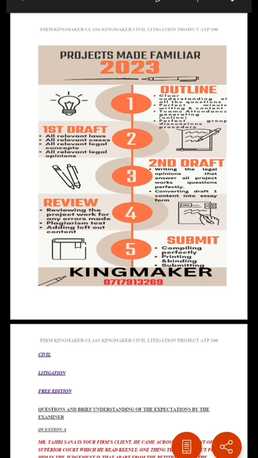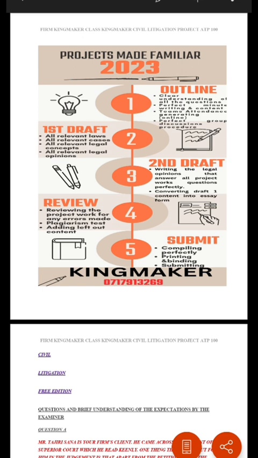In step three, I'll give you a second draft, whereby I'll show you another document which I've improved. This second draft is the one which will also be the final in terms of content. Then step four, review, where I review the project work for any errors, do a plagiarism test, and add left-out content.